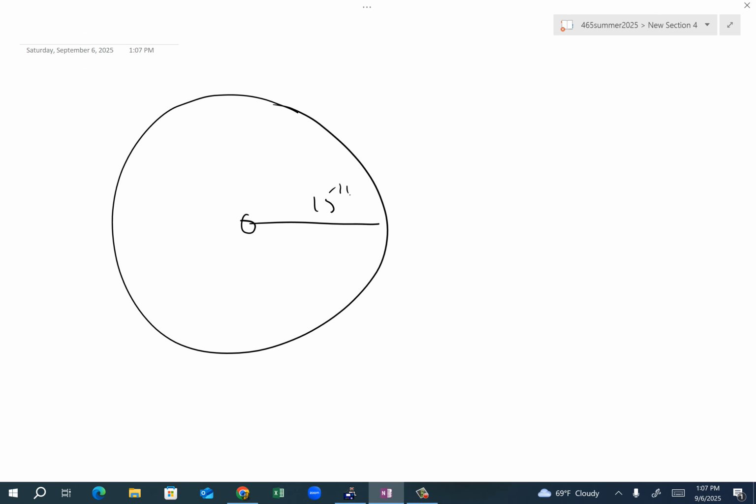So if I tell you that you have a wheel, let's just say it's a 2 foot diameter. Sure, it's a big tire. All right, whatever. And this sucker is spinning at 300 RPM. Sure, I guess. All right, whatever. How fast is that sucker going down the road? I don't know. I know this, though. 300 times 2 pi is how many radians it's going. Times 2 is how many feet per minute it's going.